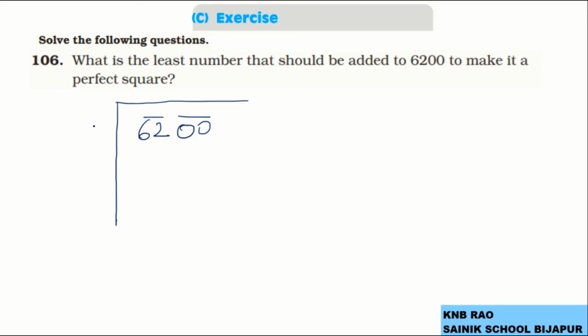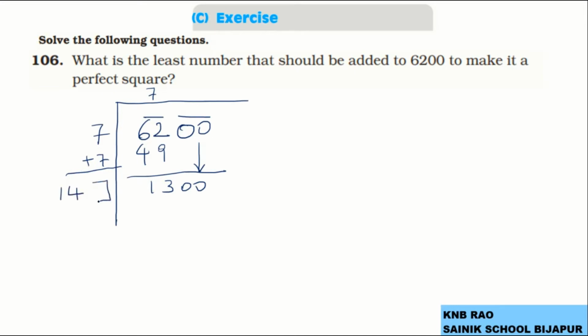and 49 is the perfect square close to 62. 7 sevens are 49. The difference is 13. Bringing down the other bar gives 13 and a remainder, and adding the same digit to 7 gives 14.